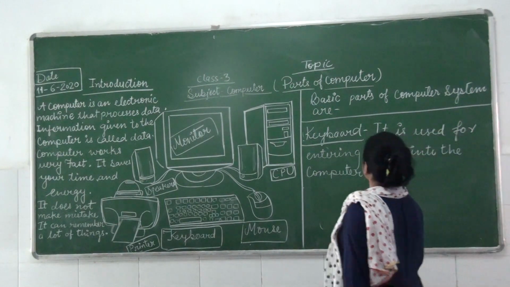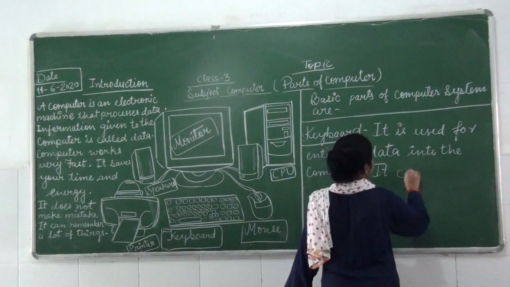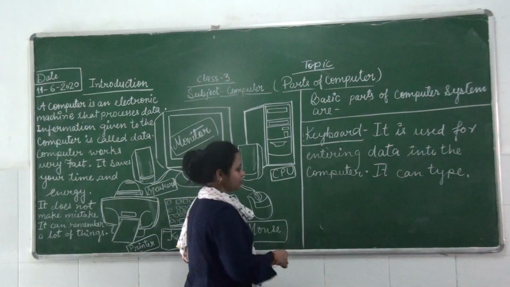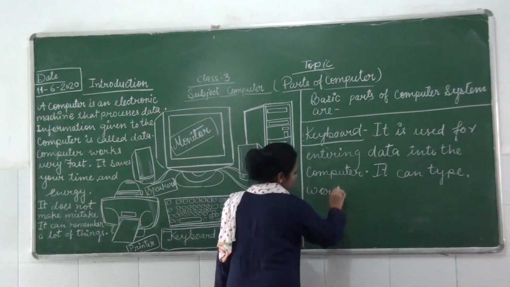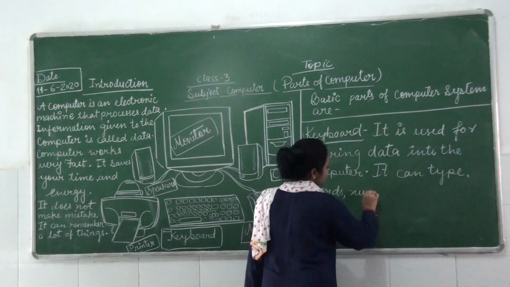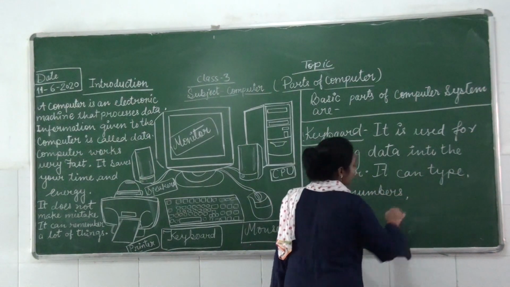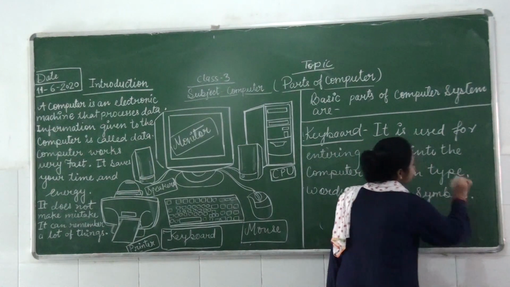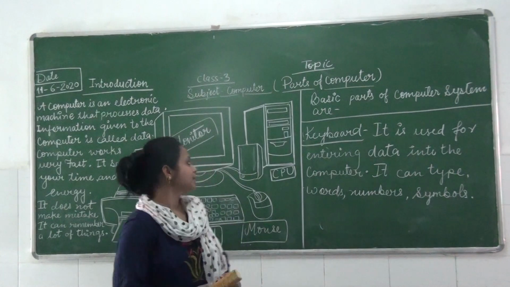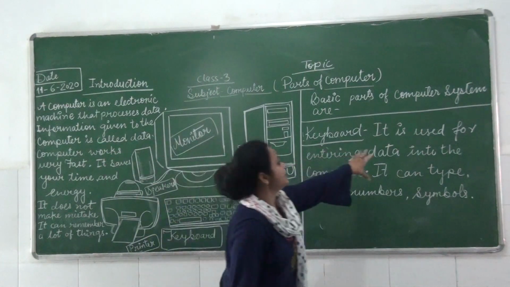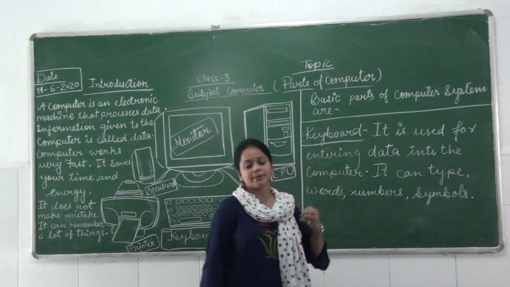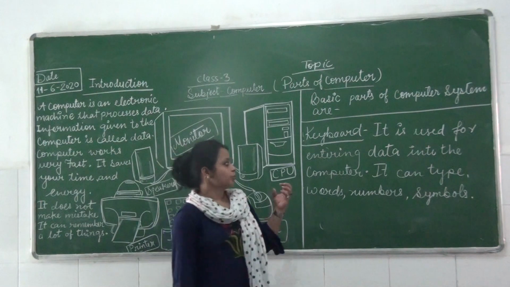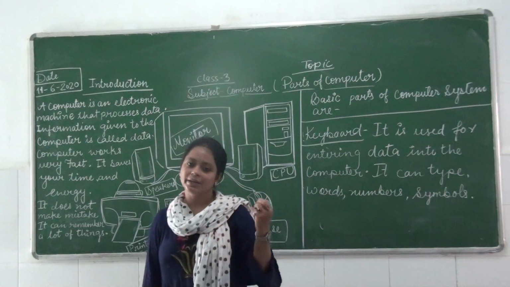It can type what? Words, numbers, symbols. Do you know this thing? I hope you got it. What is keyboard? It is used for entering data. Data means whatever we instruct or whatever we feed into the system. So it is all done by using the keyboard.